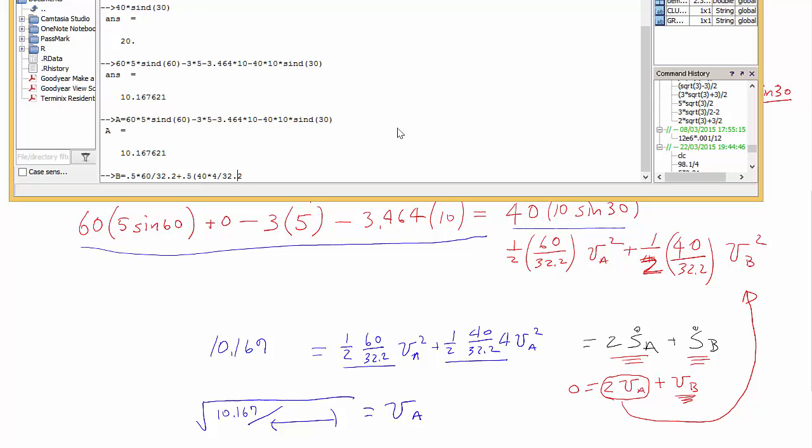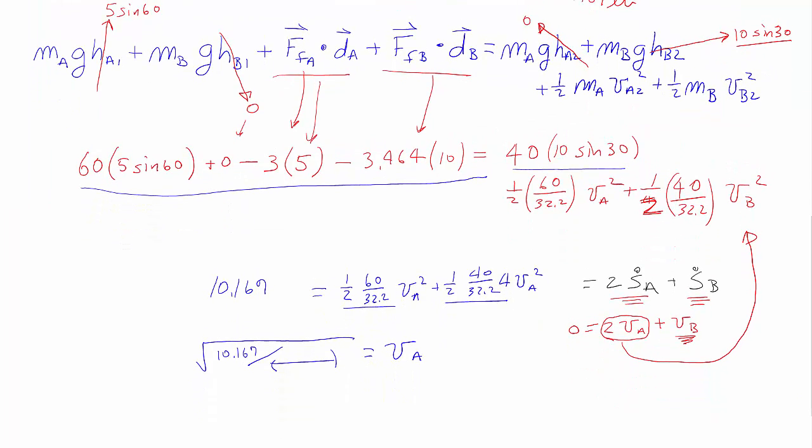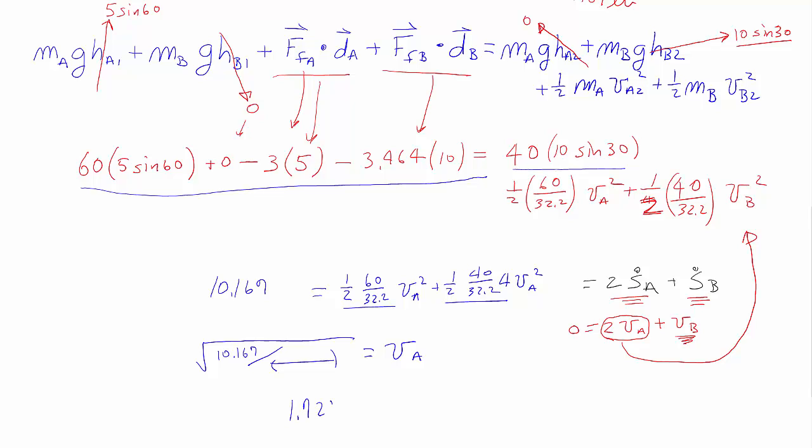And I have a mistake right there. Okay, so the square root of A divided by B, if I solve that correctly, I got 1 point something. 1.725. 1.725 is equal to the velocity of A.